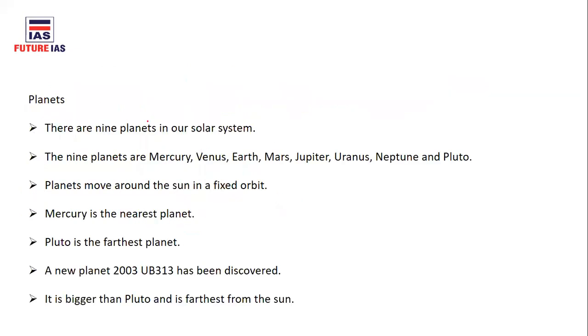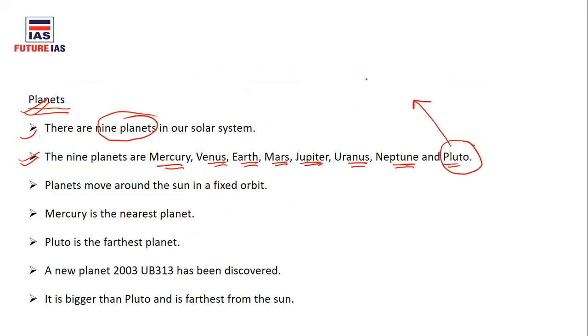Let's understand about the planets. As of now there are 9 planets in our solar system. These are Mercury, Venus, Earth, Mars, Jupiter, Uranus, Neptune, and Pluto. But you must understand that Pluto is considered a dwarf planet.